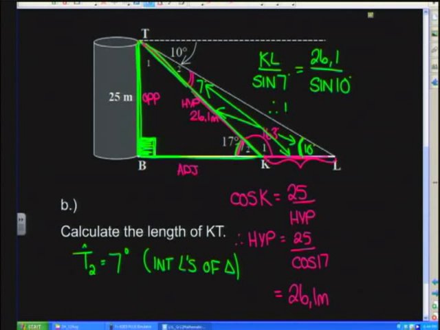Therefore, your length from K to L is equal to 26.1 multiplied by sine of 7 degrees over sine of 10.